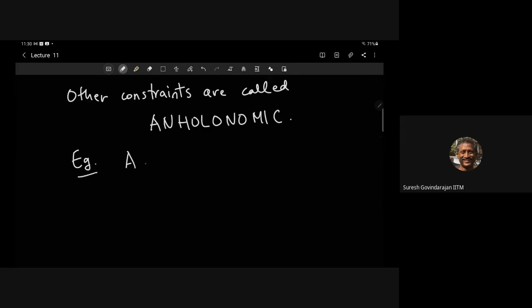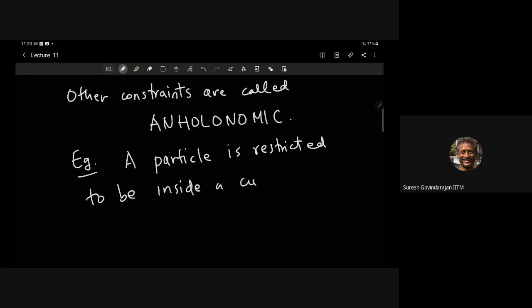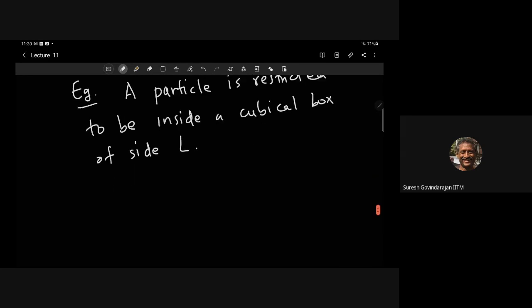A particle is restricted to be inside a cubical box of side L. Okay, so it's something of this form.